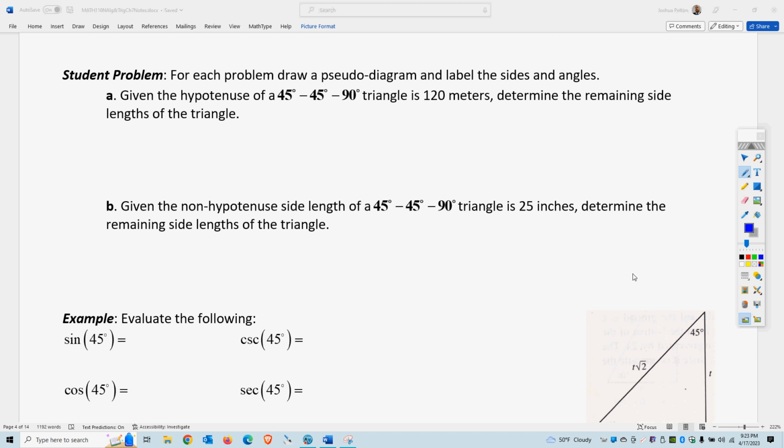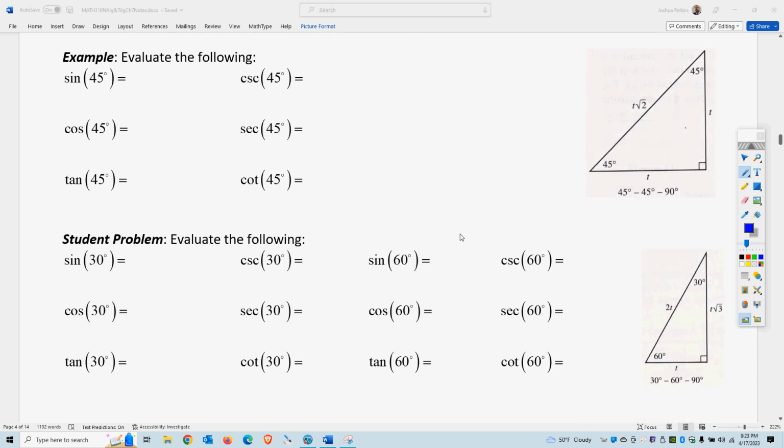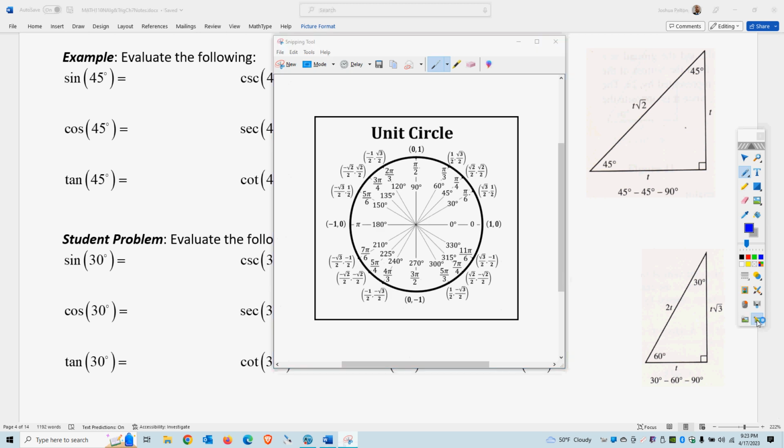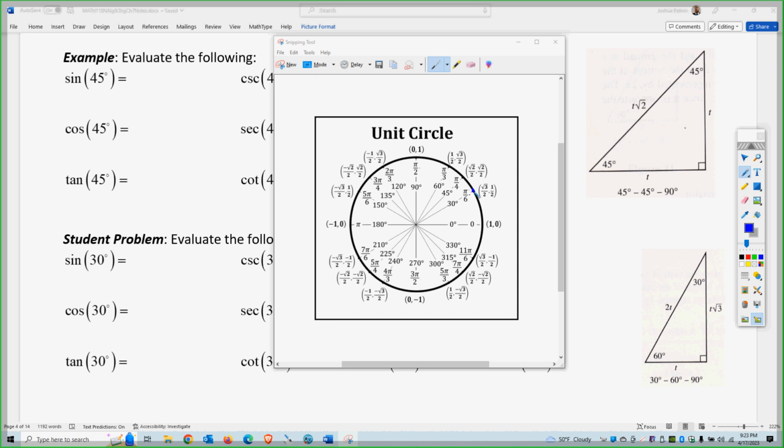So relating that to sine, cosine, and tangent in the unit circle, because we talked about the unit circle and how when we did the unit circle, it gave us a coordinate on the circle, which gave us the cosine and the sine value, right? So for 30 degrees, we're saying that cosine is root 3 over 2, and the ratio for sine is 1 over 2, or 1/2, right?